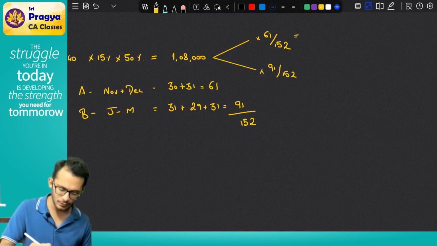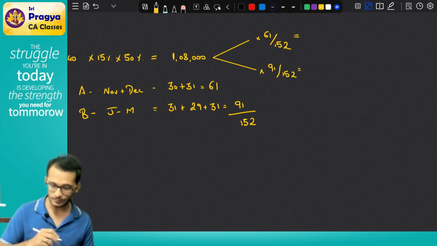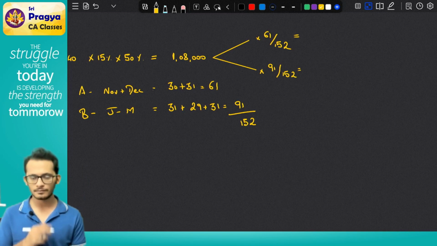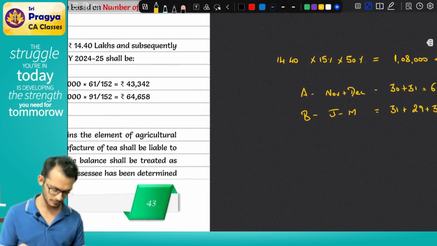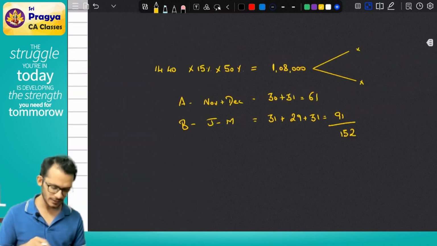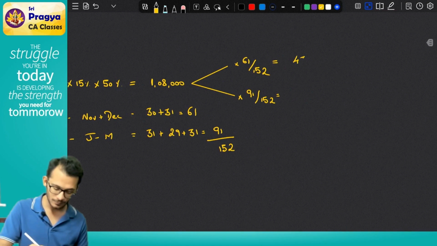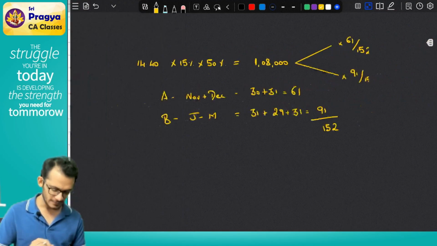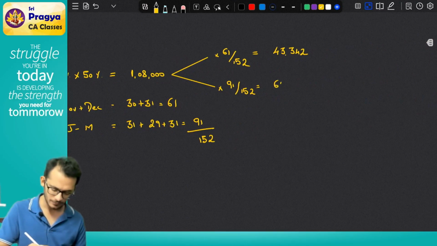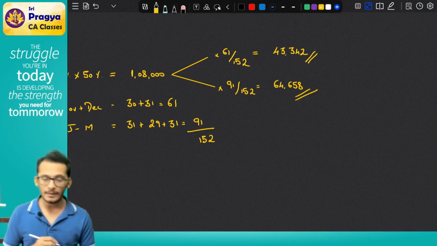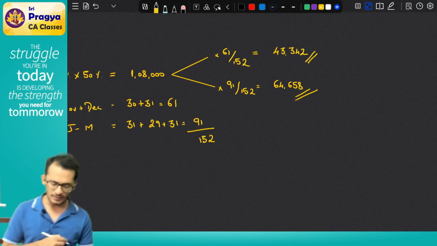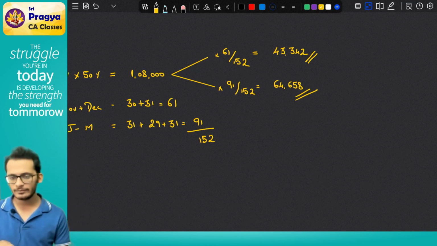The number is 43,342 and 64,658. So A Limited will claim a deduction of 43,342. B Limited will claim a deduction of 64,658. Yes or no? Yes.